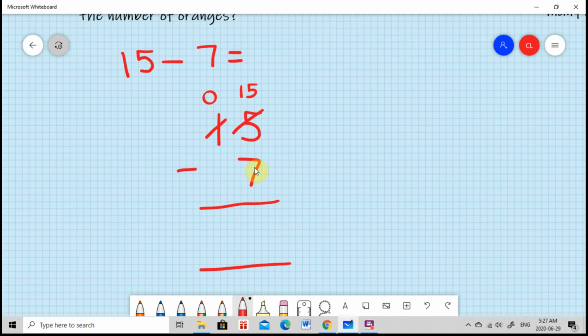So 15, 14, 13, 12, 11, 10, 9, 8. So the answer is 8, right? To complete the number sentence, you just write 8.